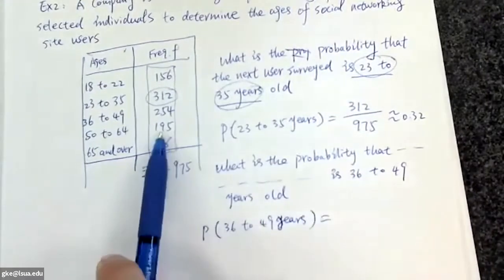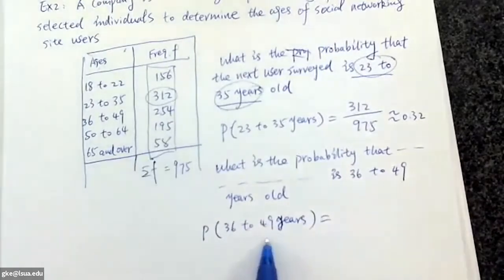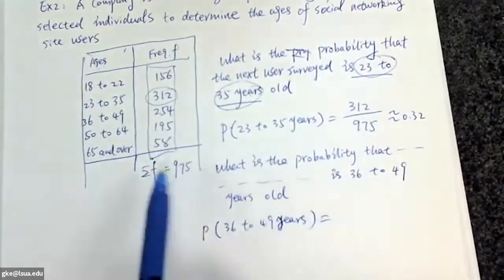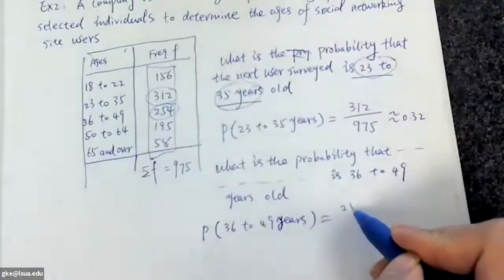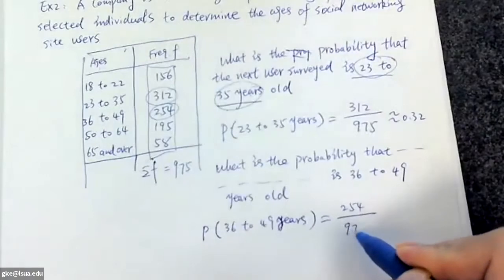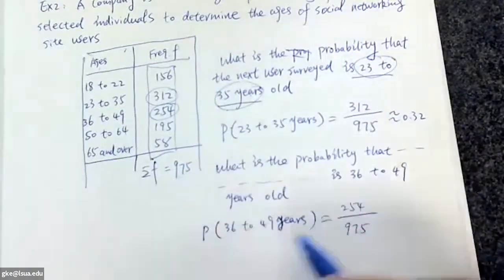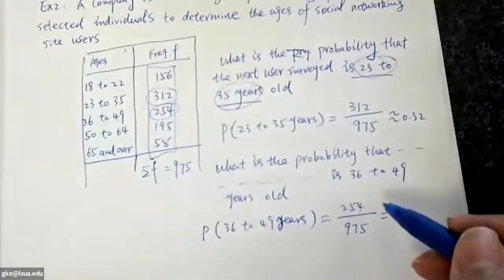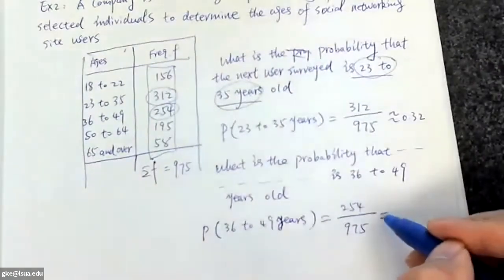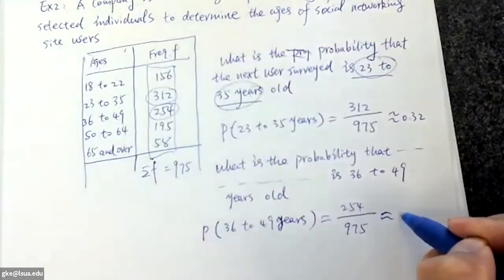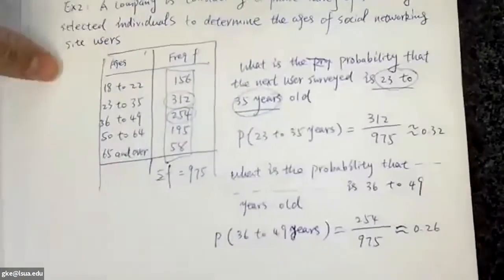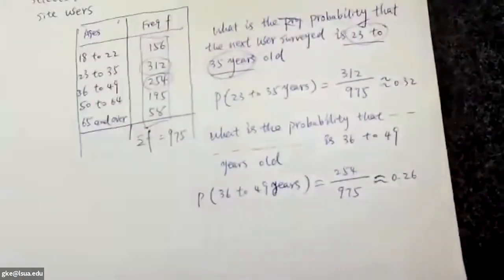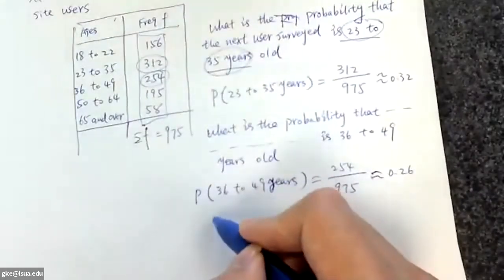So for the numerator, we check the frequency for this event in the table, that is 254. And the total frequency is 975. And this gives you 0.26, right? Now, let's try another one.